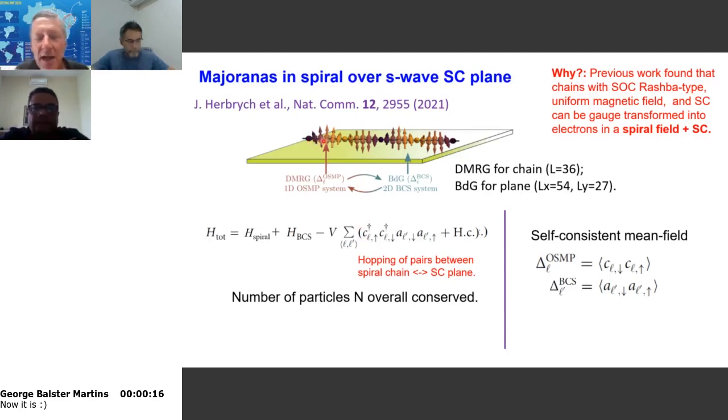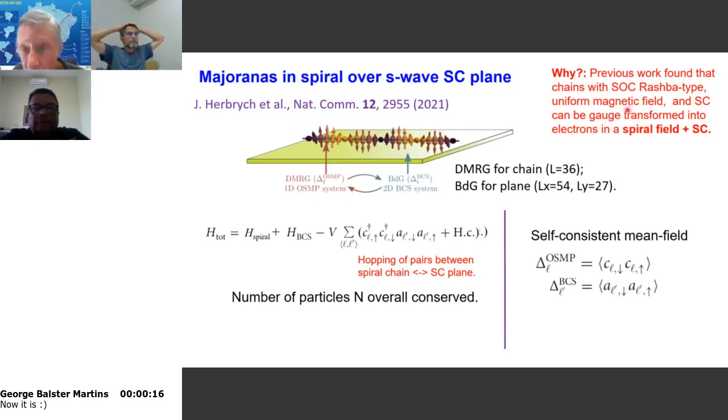You can redefine a new fermionic operator, multiplying the C operator by a phase factor, e to the i some angle, so that in the new fermionic system you have a ferromagnetic kind of chain, because you are rotating every site. But in doing that, you also generate extra terms. Because it depends on the site, every site you rotate in the proper way. They call it a gauge transformation.